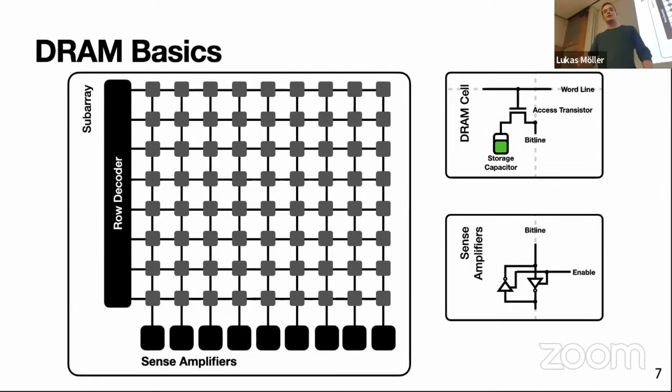Activate will select an individual DRAM row using the row decoder, making the word line high and thus connecting all of the DRAM cells in that row with the bit line. And we have precharge, which resets the row decoder into its default original state, and also gets the voltage back to VDD/2, so that the sense amplifiers can do their job again.